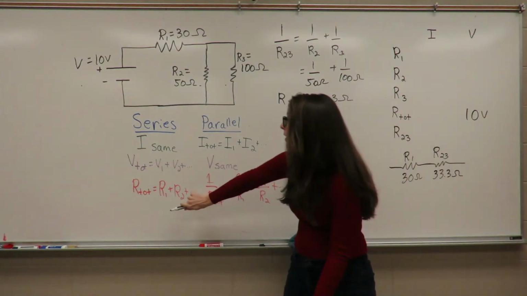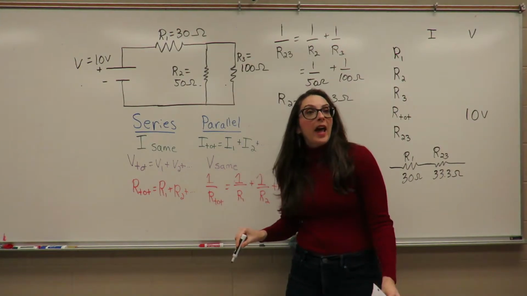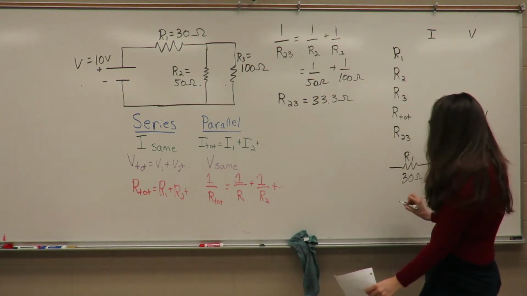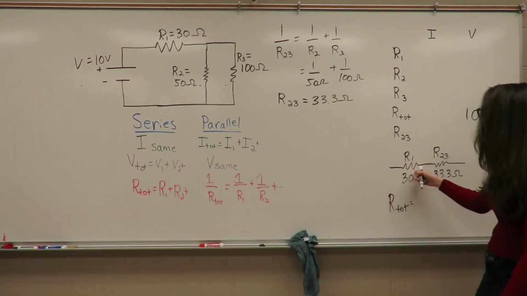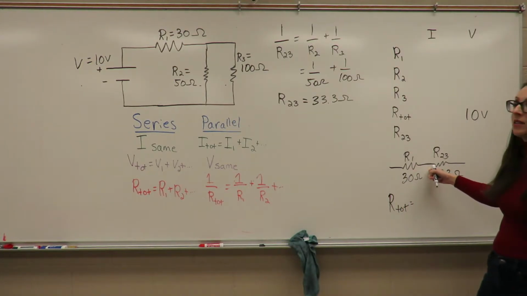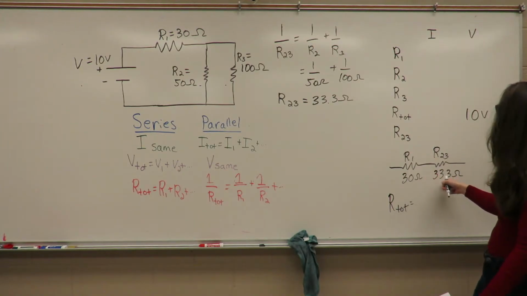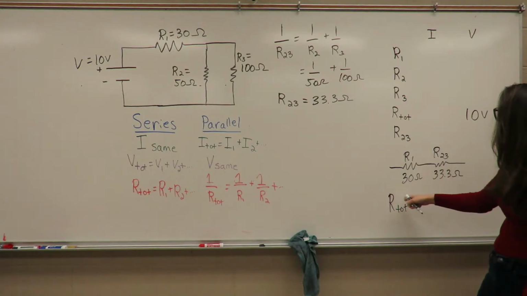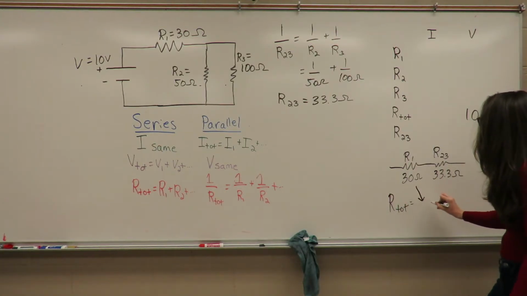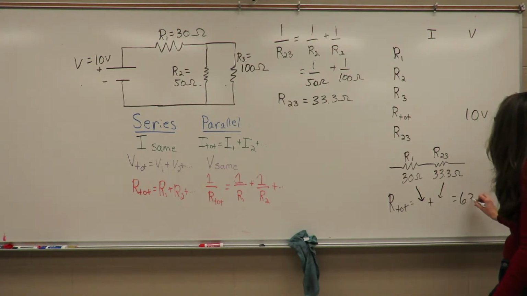Now when resistors are in series, the resistance adds together, so the total resistance of this circuit is going to be the sum of R1 plus the equivalent resistance for our 2 resistors in parallel. So our total resistance is going to be 30 ohms plus 33.3 ohms equals 63.3 ohms.